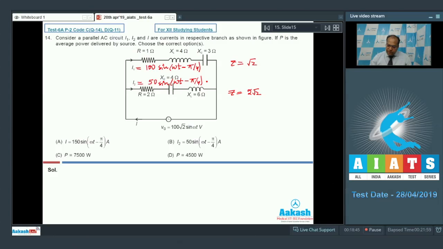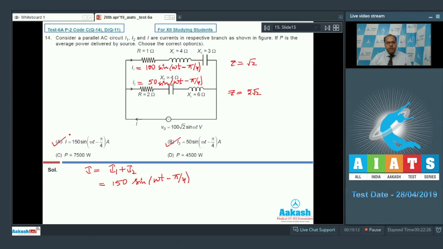So the value of I2 is correct. Now I have to find the value of I. The net value I is the summation of I1 and I2. If I do the summation, I will get 150 sine omega t minus pi by 4. So option A is also correct.